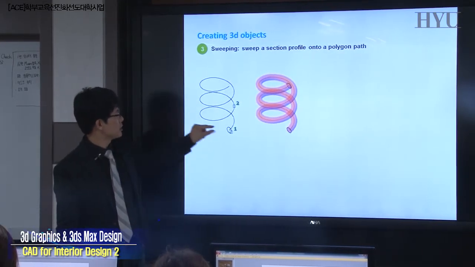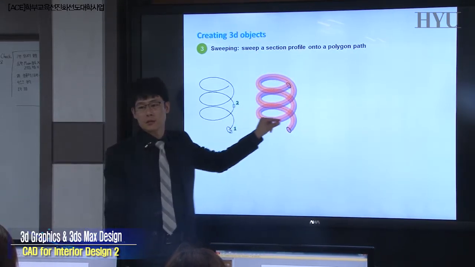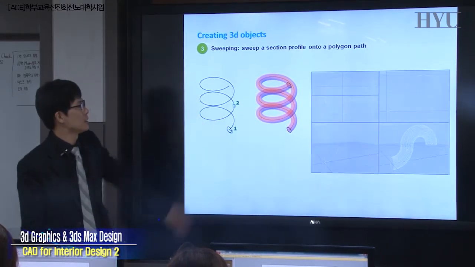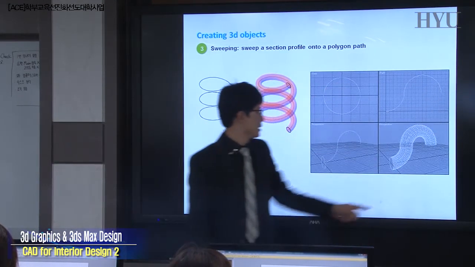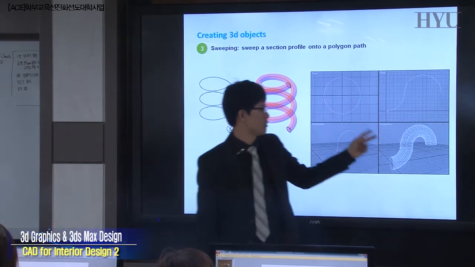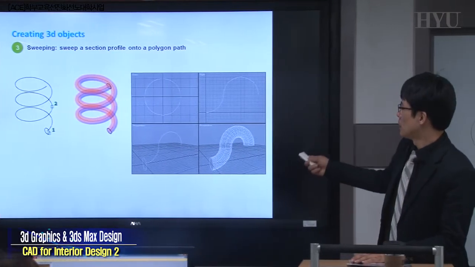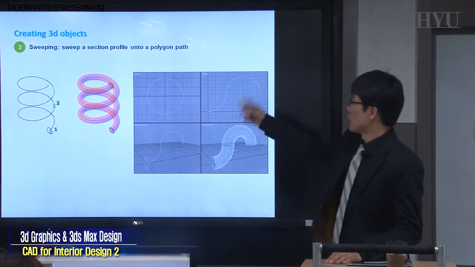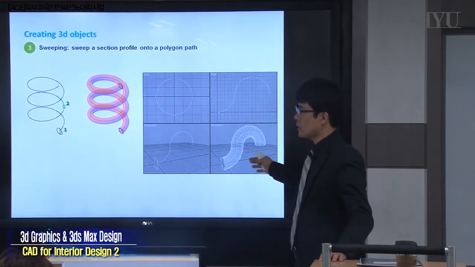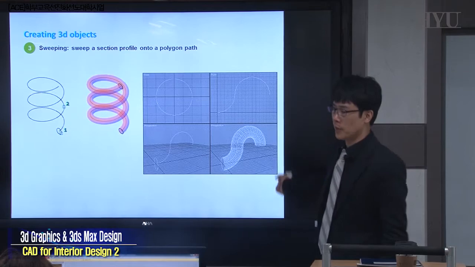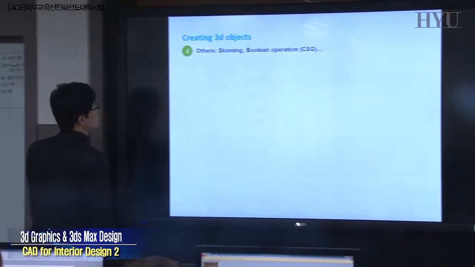According to this path, the section profile is going to be turned along that path. So here is a section profile and the 2D path. This will generate this kind of shape. That is sweeping, the general term. Actually, in 3D Max, there is a different modifier name. But anyway, the fundamental name for this is sweeping.